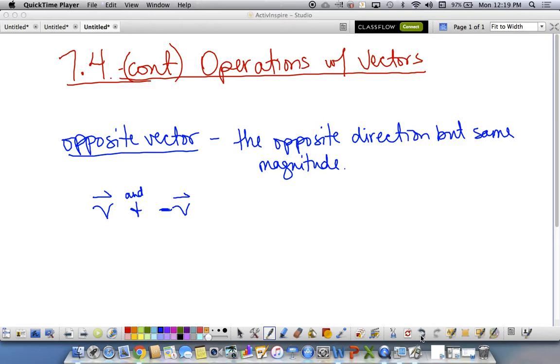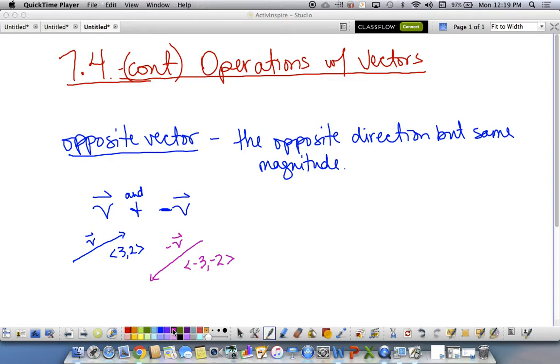If vector v was going this way and it had components of, let's just say, 3, 2, the opposite vector would go the other direction, okay? This would be negative v, and it would have components of negative 3, negative 2.